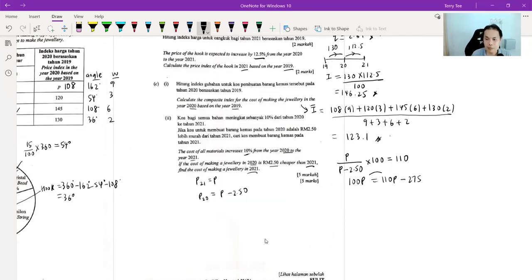Remember, I want to find the P, bring over. 10P is 275. 110 minus 100 is just 10. P is 275 divided by 10. We can write RM27.50, 27 ringgit and 50 cents. So the cost of making the jewelry in the year 2021 is 27.50.